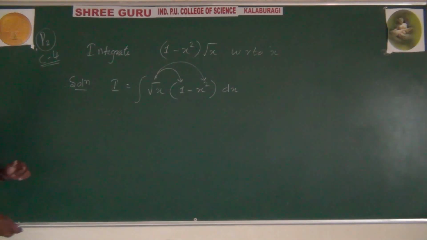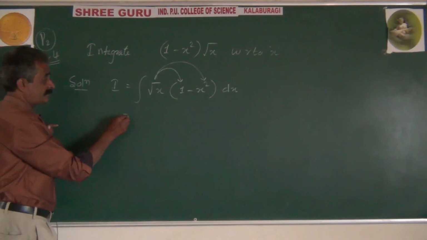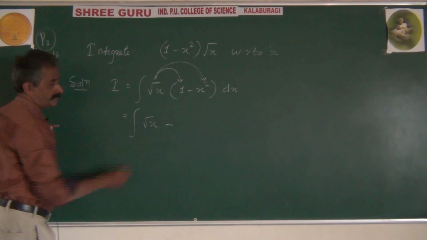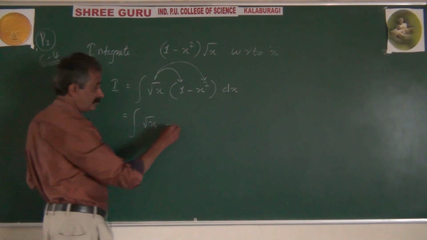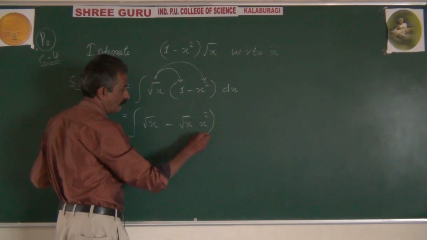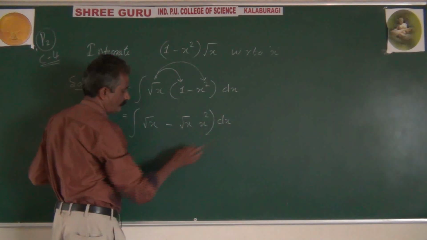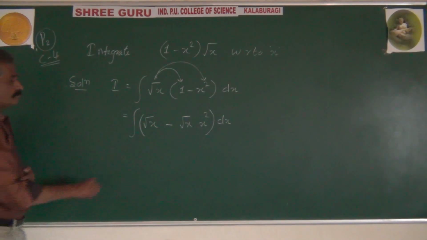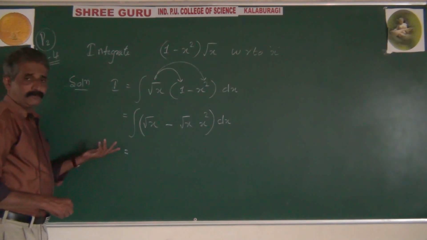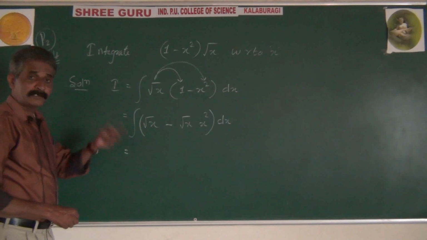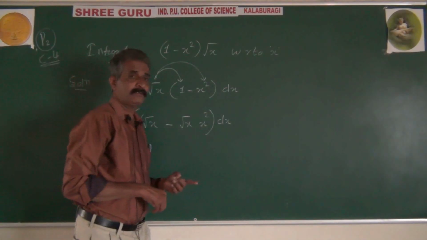On opening the bracket from root x inside the integration, first term root x into 1 is root x, minus root x into x to the power of 2. Actually, we have a formula directly. Integration of root x is x^(3/2) divided by 3/2, or 2 by 3.